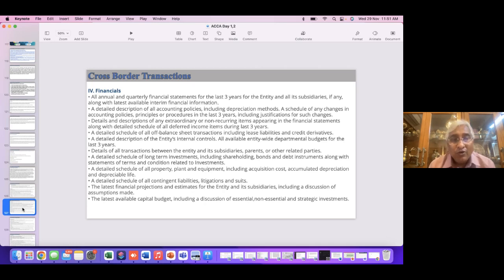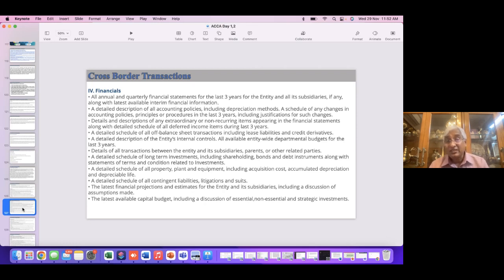A detailed schedule of all contingent liabilities and litigations and suits, the latest financial projections and estimates for the entity and its subsidiaries, including discussion of assumptions made. What I said just now, that the assumption was that these people are trained only on that machine, and our production process can only be fed by such a machine, not by any other machine which is presently available in the country or abroad.